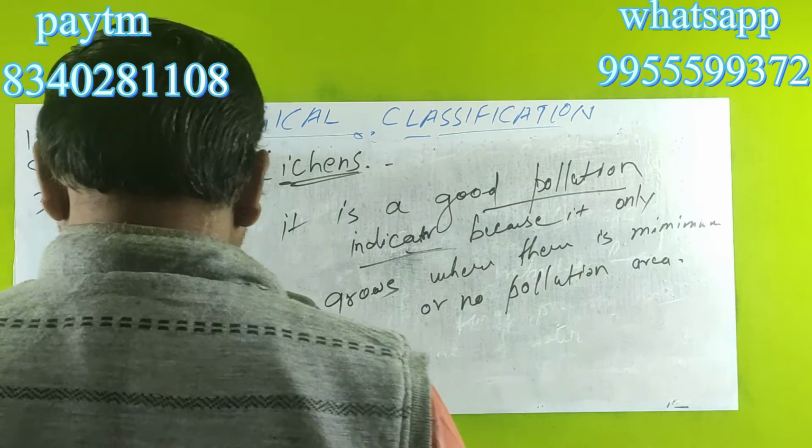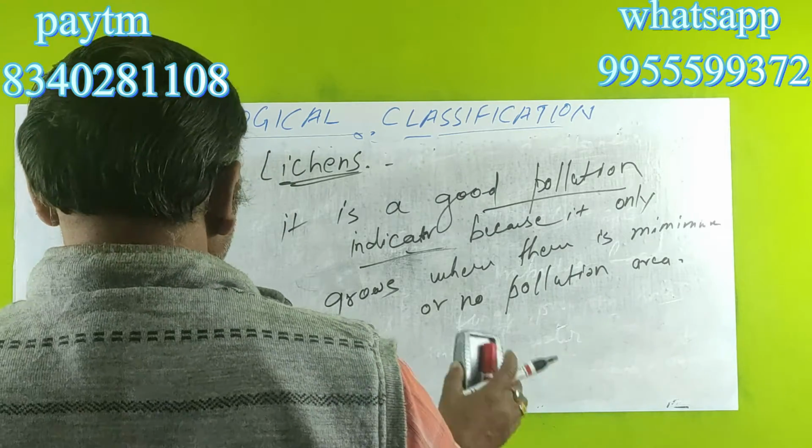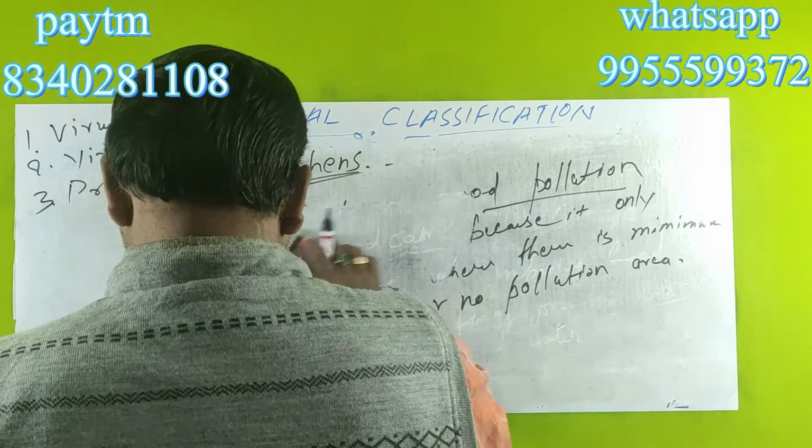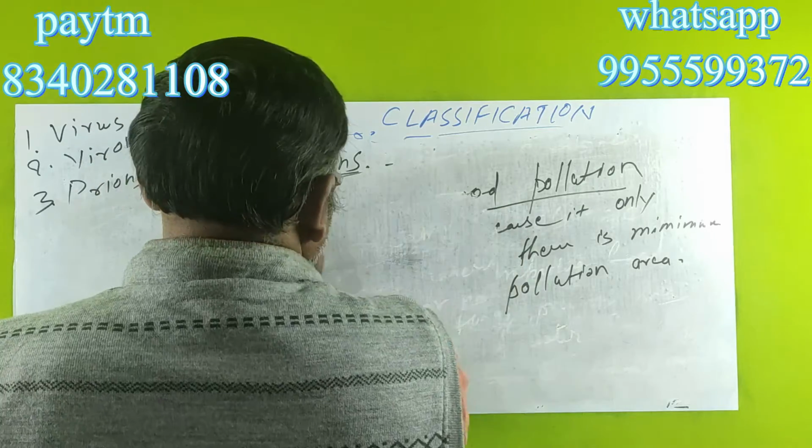Both fungus and alga have components called mycobionts and phycobionts.